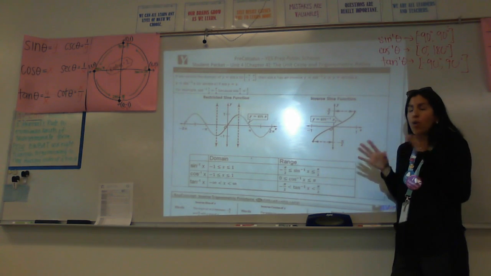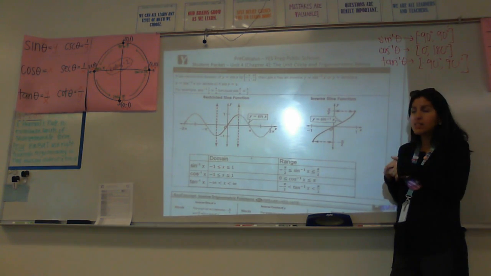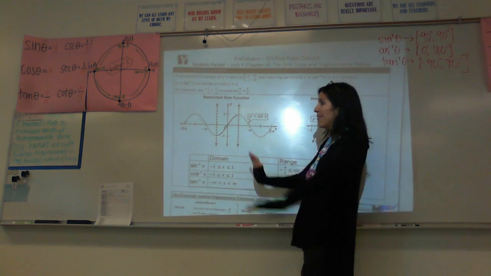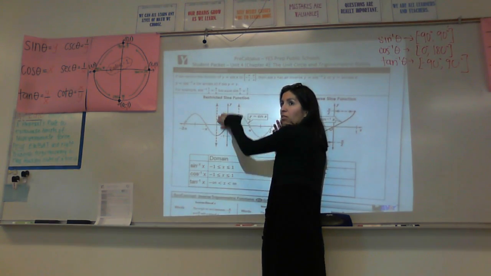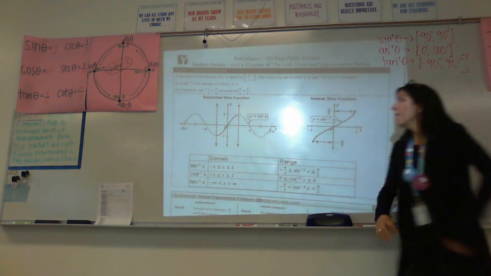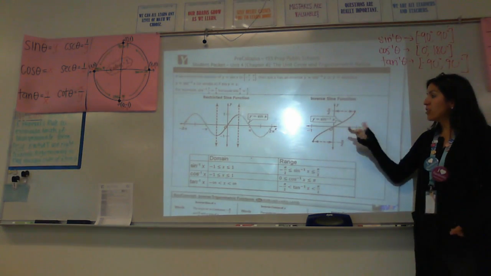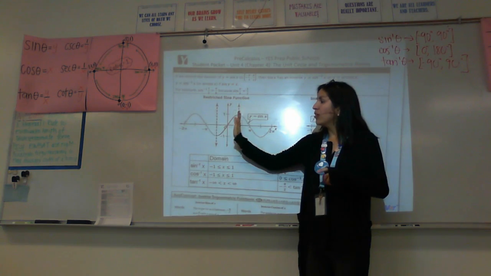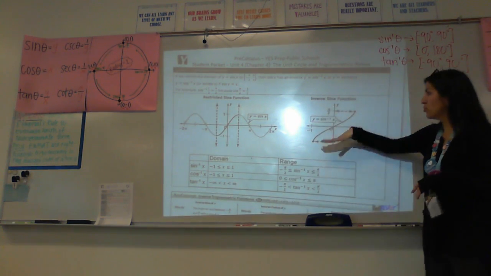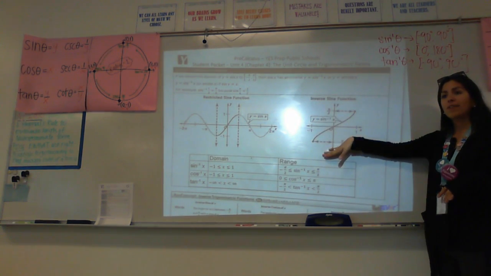That's the whole thing. I want to work with functions only in this class. In order to maintain that, I have to chop off the ends of the sine curve and only look right here in the middle. By doing that, the inverse graph, remember, the domain of the regular original function becomes the range of the inverse function.